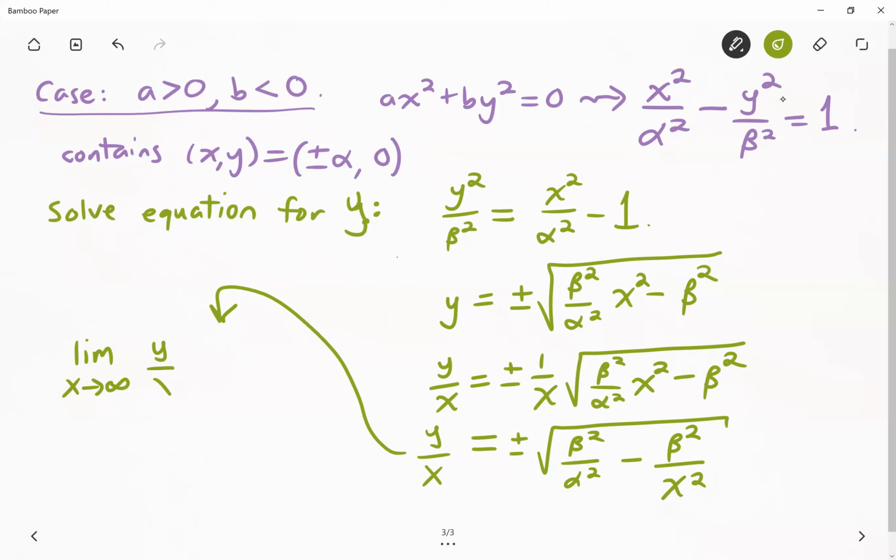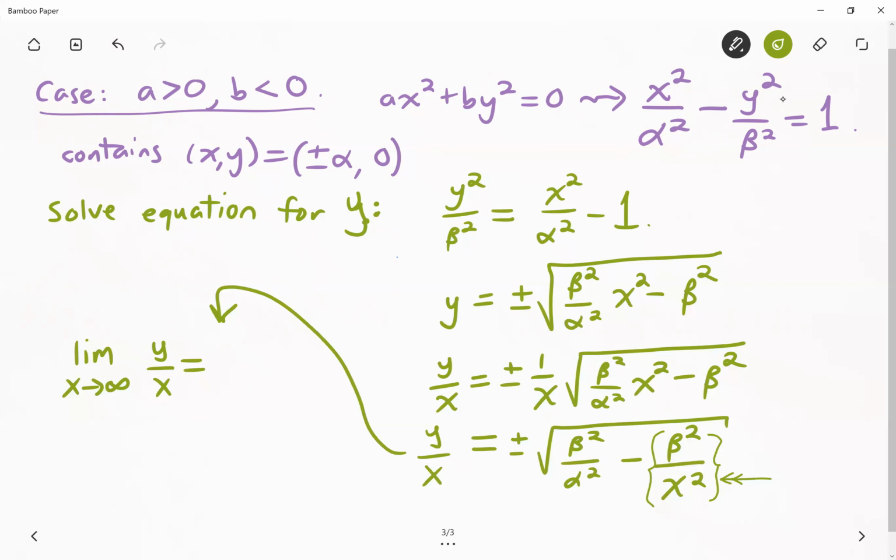What happens to the expression y over x? Well, on the right-hand side, the only place you have an x is in the denominator of this fraction. And as x gets large, dividing this right fraction by a large number sends that fraction to 0. That fraction gets smaller and smaller.